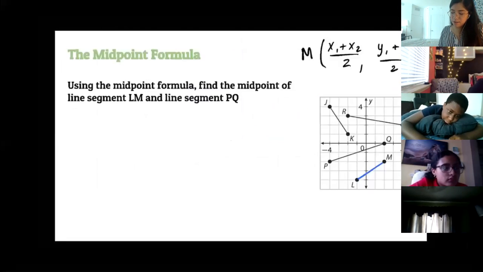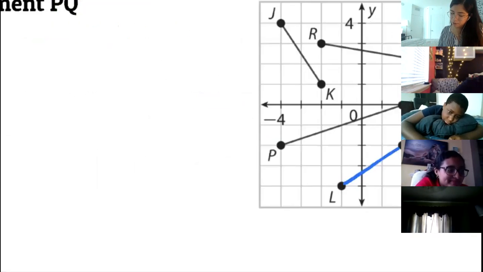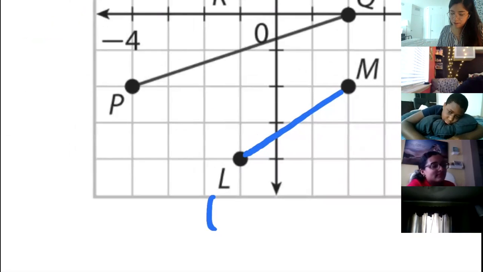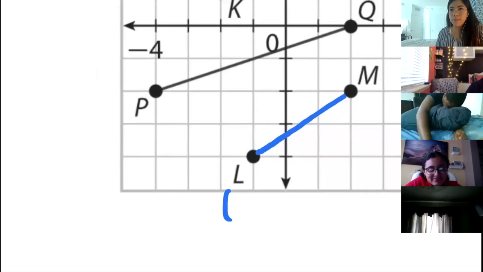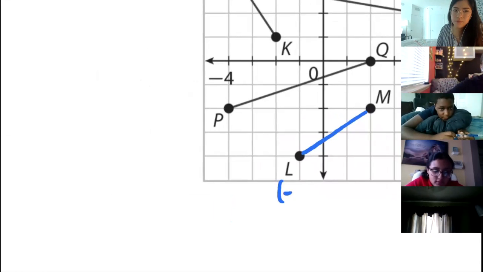Now, because I know I'm going to need to plug in x1, y1, x2, y2, I'm going to label my points. So let me zoom out a little bit so you can see. What is the coordinate point for L? It is negative 1, comma, -1.